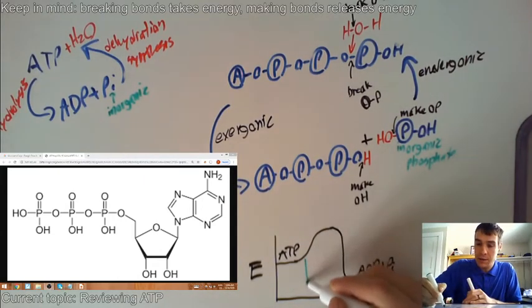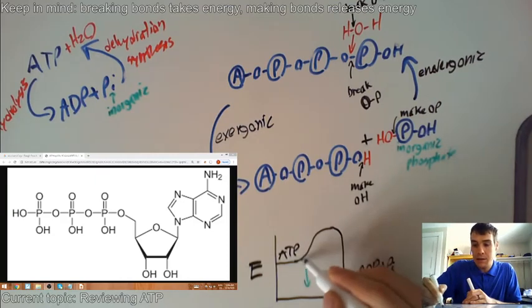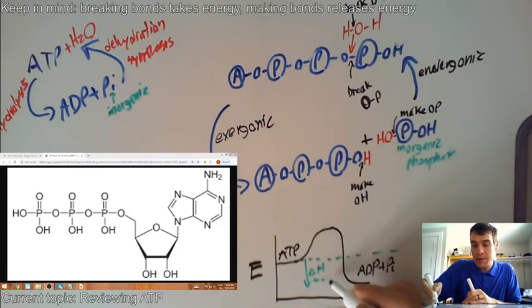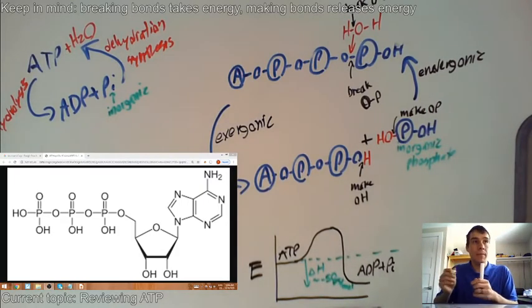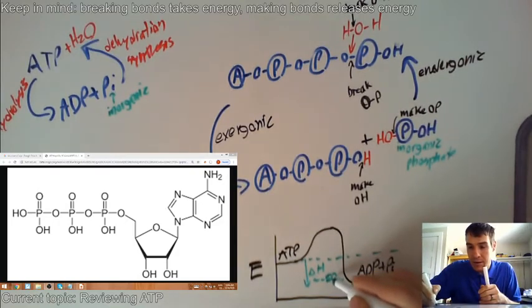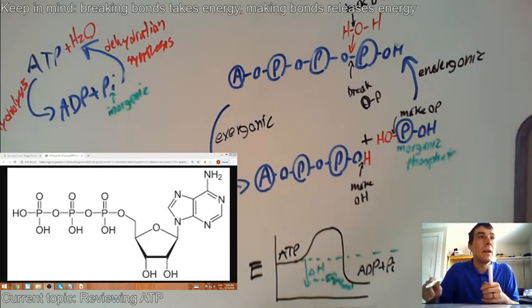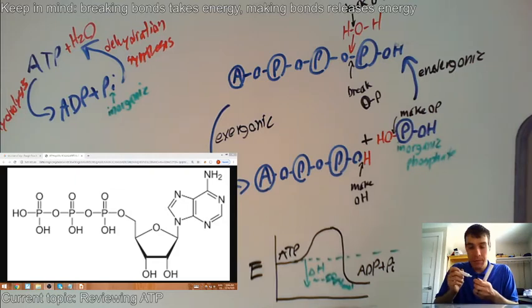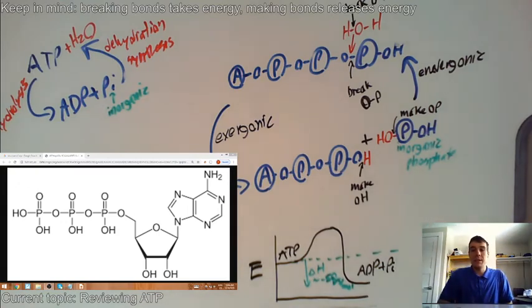And this delta H is something like minus 50 kilojoules per mole. Something like that. It's kind of fuzzy down there. Anyway, it's minus 50 kilojoules per mole. So that's the energetics of ATP.